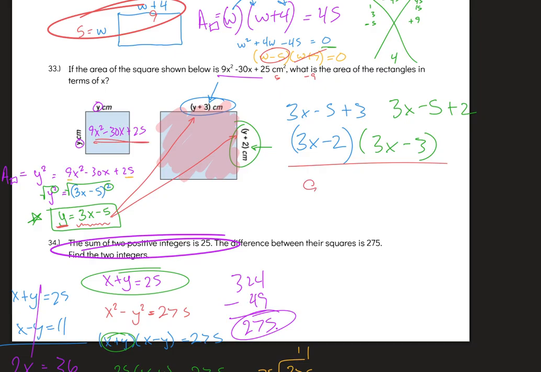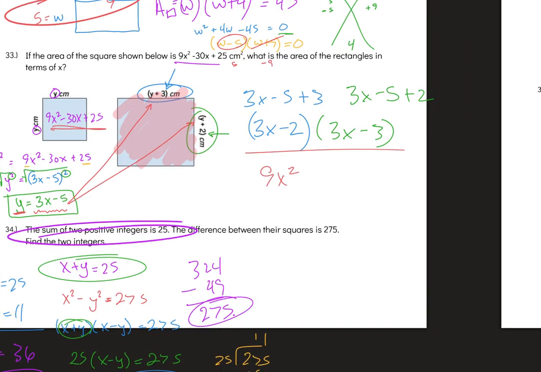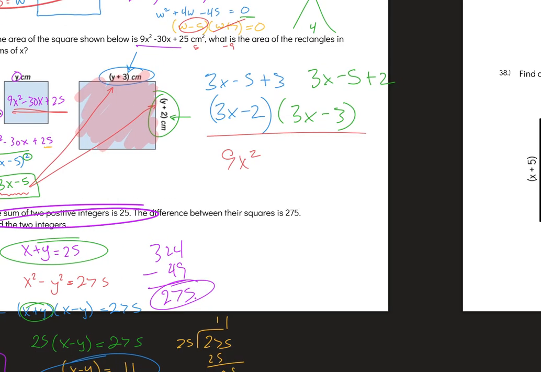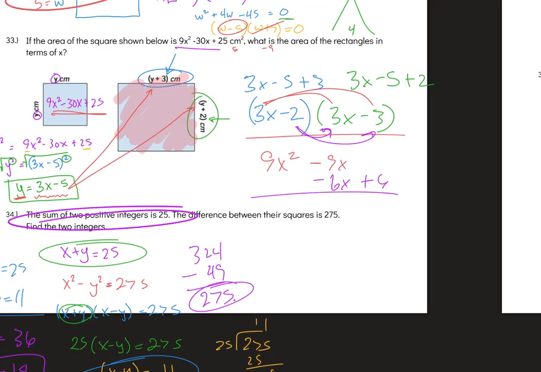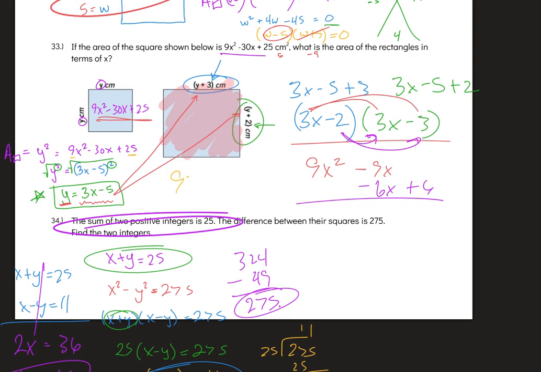And the idea is we get 9x squared. Let's see, I guess I'll go ahead and distribute this the long way. So 9x squared minus 9x minus 6x plus 6 is 9x squared minus 15x plus 6.